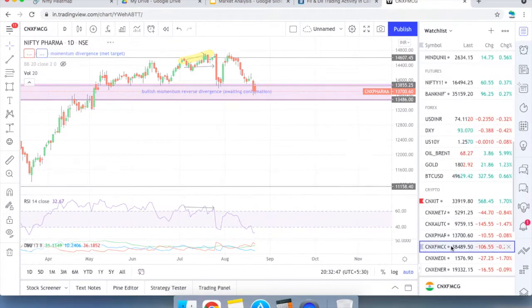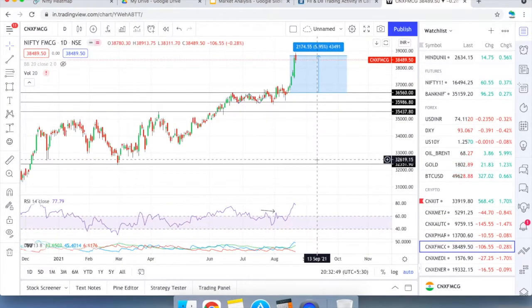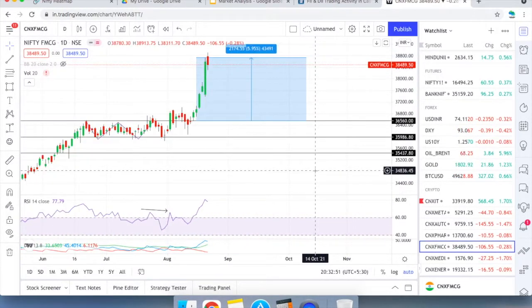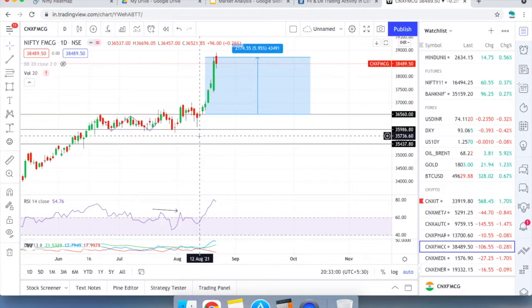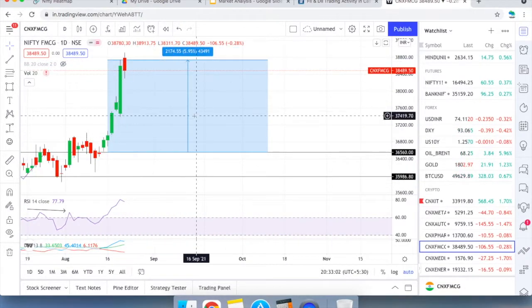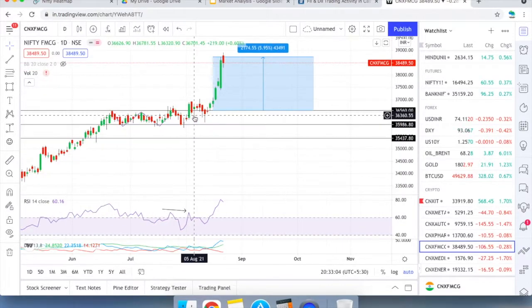So pharma is bearish. FMCG had broken out from the W pattern the other day, and then it broke out like anything with great momentum in all time frames. But today it did a small pullback, right? After a 6% move, just a pullback, but it's bullish.